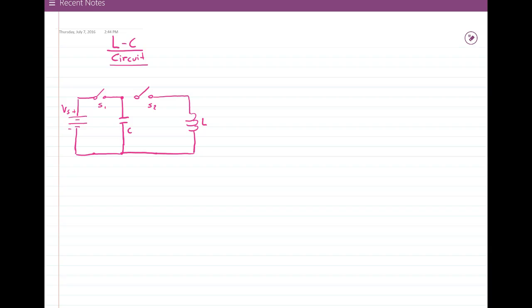If you close S2, what can happen? What does that allow? Positives want to get to the negatives, don't they? So it's going to be a current flow from the positive plate through the inductor to the negative plate, right?